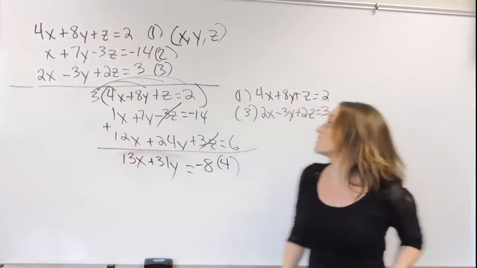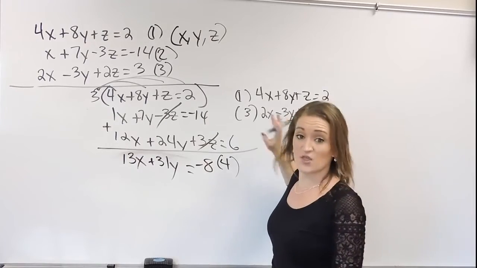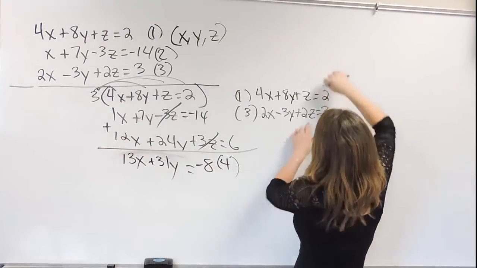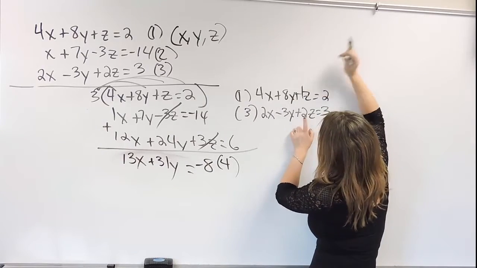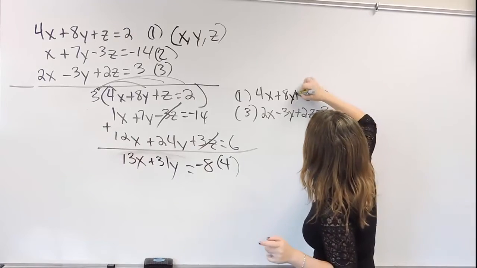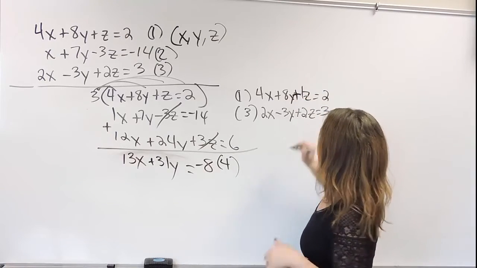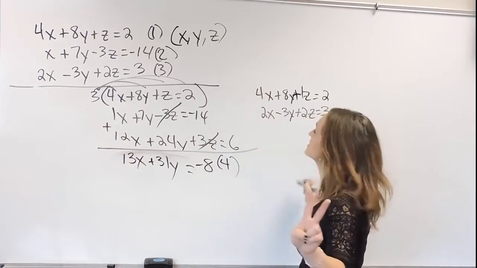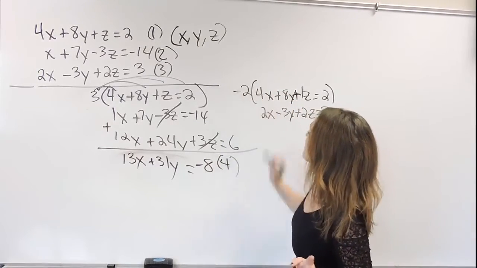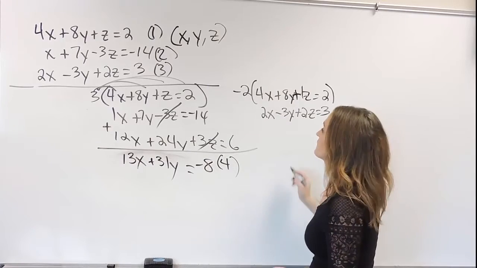Now go over here and do the same thing: take this equation and also eliminate z. I have a 1 and a 2. I need them to be the same number with different signs. The closest thing they have in common is 2, and I need one of them to be negative, so I'm going to multiply the top one by negative 2.